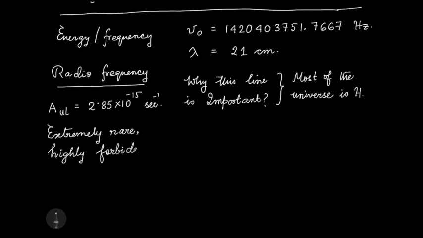In terms of spectroscopy, such A values come in highly forbidden transitions. Not only forbidden, highly forbidden. Yet, as we have said already, for astronomy and cosmology, this is the transition one looks upon.